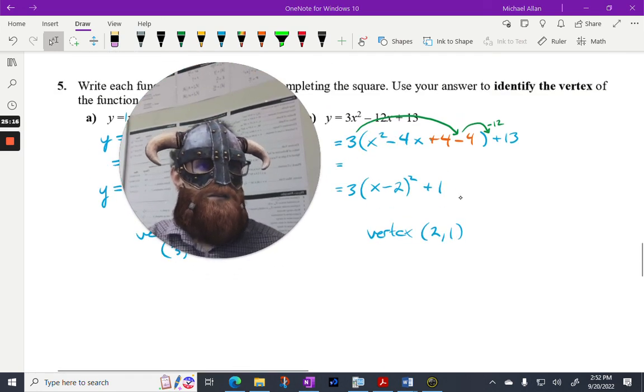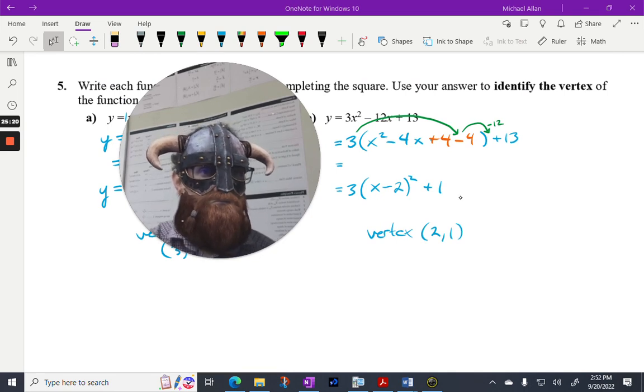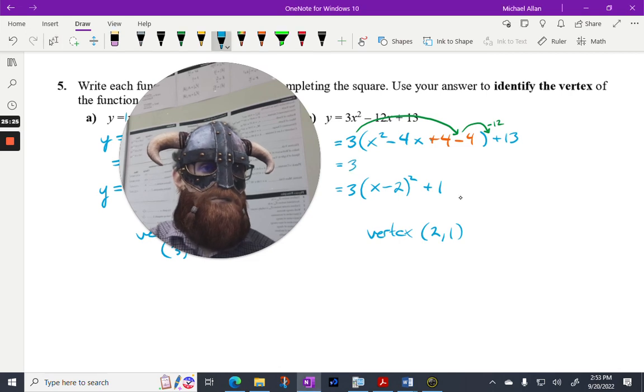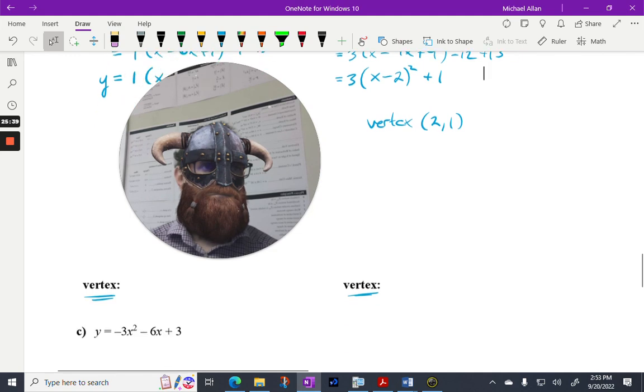Okay, if you want to put that middle line in there, you can, but this right here is enough. Right? The middle line would look like this if we did it. Bracket squared 4x plus 4 bracket. This would be negative 12 plus 13. There you go. Cool.